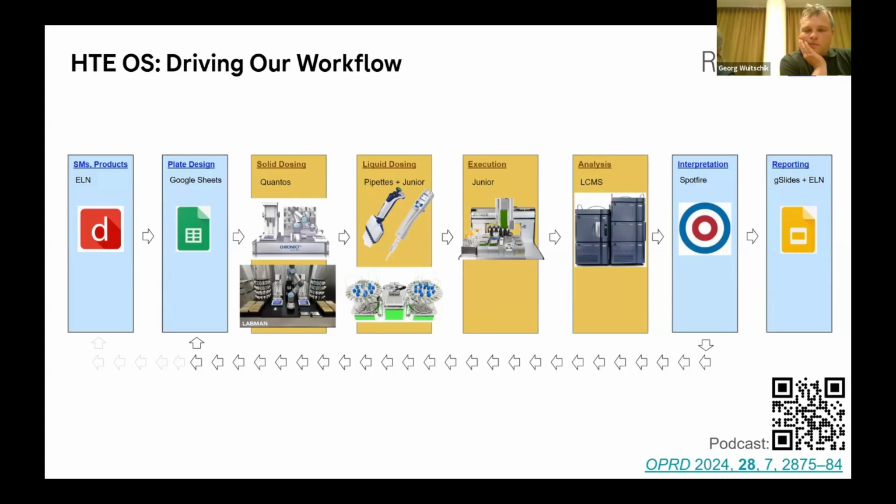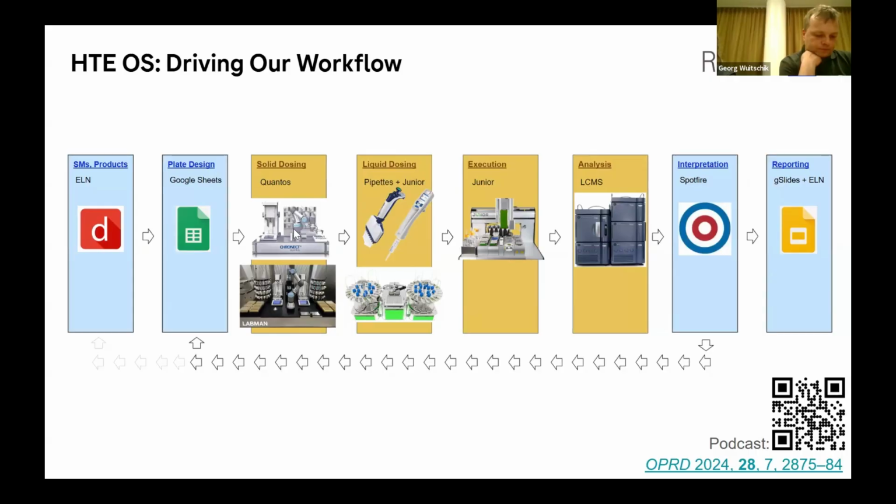So we would then do really rigorous solid dosing. We try to avoid stock solutions wherever possible. So we would solid dose all the solids we have, with 2 glove boxes, currently one for the newer robot you see here with Labman, then the Chronect Quantos, where we started 6 years ago, with that one still running well.